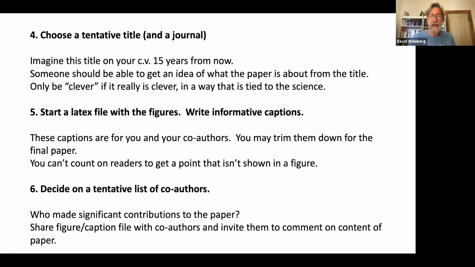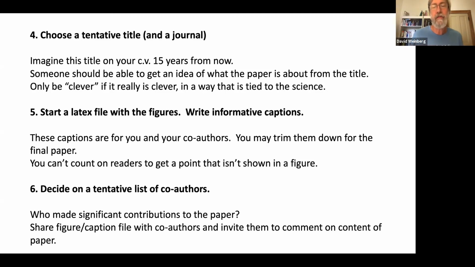So this, I think, is when it's useful to make up a LaTeX file that has the figures in it, has your title, has informative captions. Informative captions means really explaining what's in those figures, and sometimes those captions at this stage will be longer than the captions you'll eventually have in the paper, because right now you don't also have text to go with them.